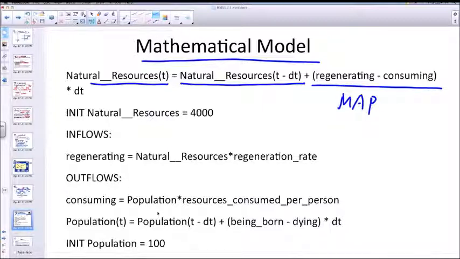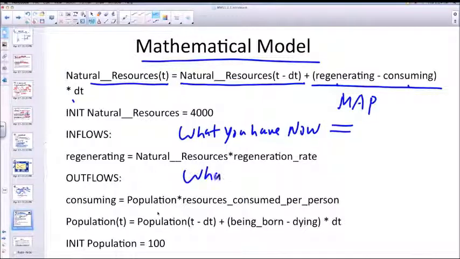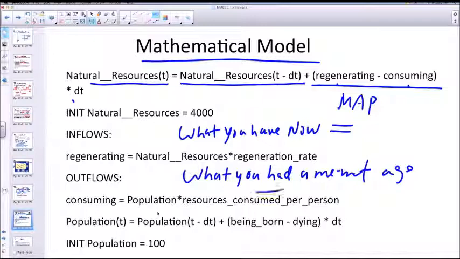The change is the regenerated minus consumption times the dt. So basically, what you have now equals what you had a moment ago plus the change.